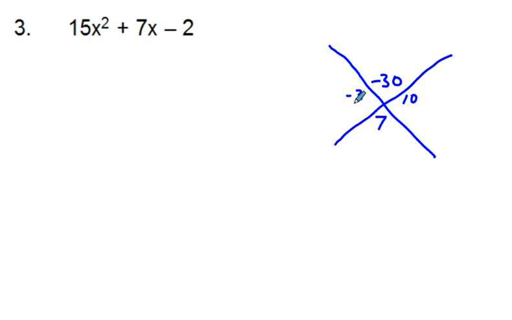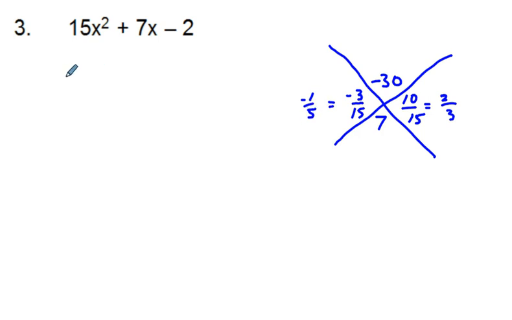We're at positive. Now we divide by A, which is 15. So on the right side, 10/15 simplifies to 2/3. And on the left, negative 3/15 simplifies to negative 1/5.